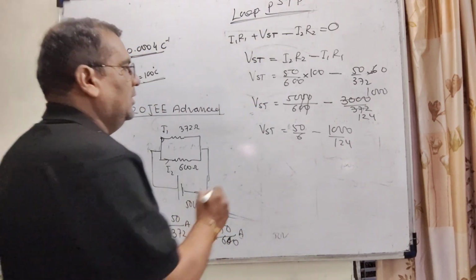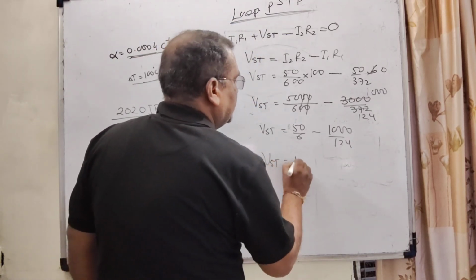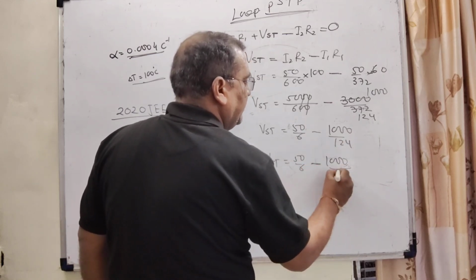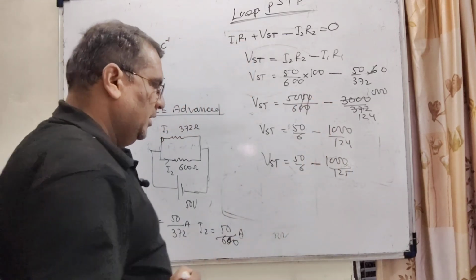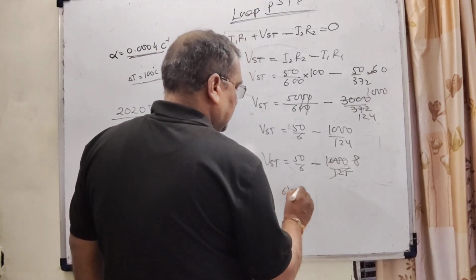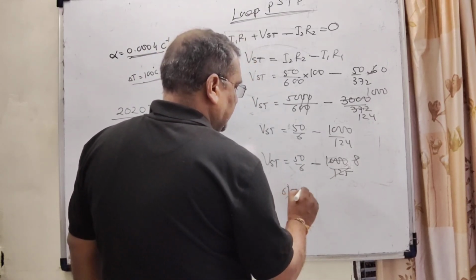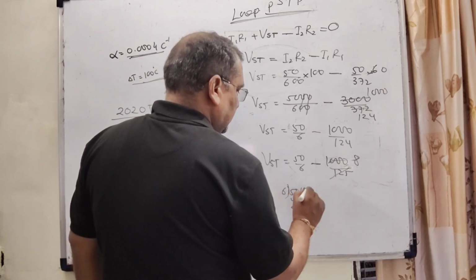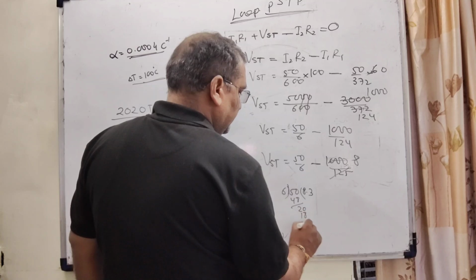The actual value is different, but for our convenience we consider 124 in place of 125. So 125 adds a 1000 and 650 divided by 6, that is 6 adds a 48, 6 threes are 18.